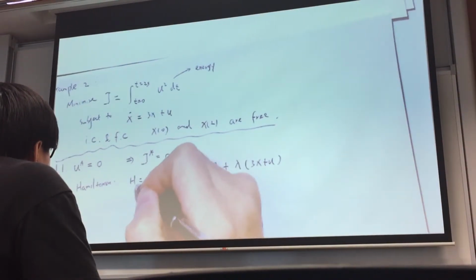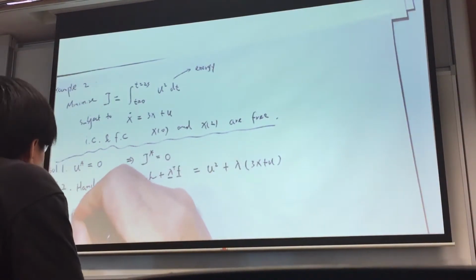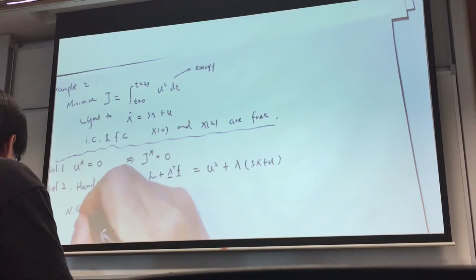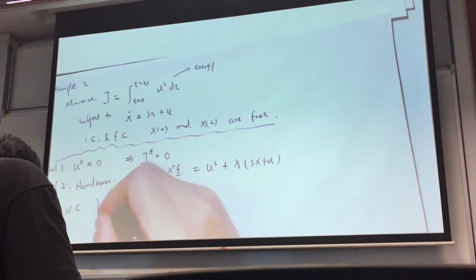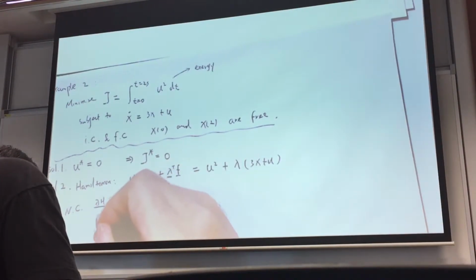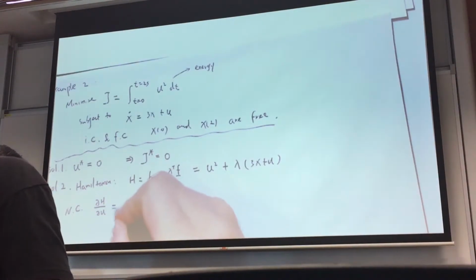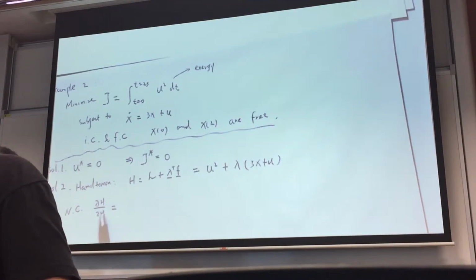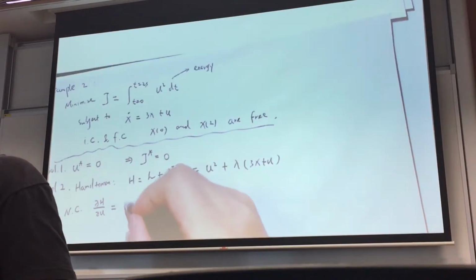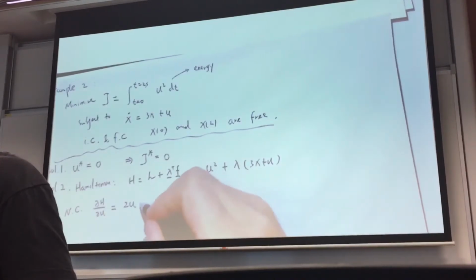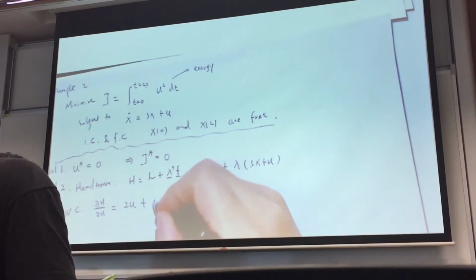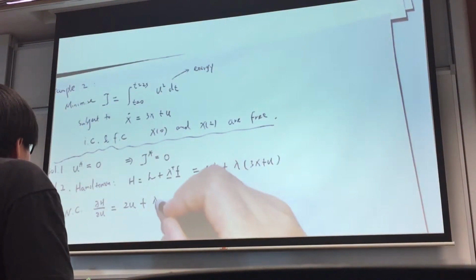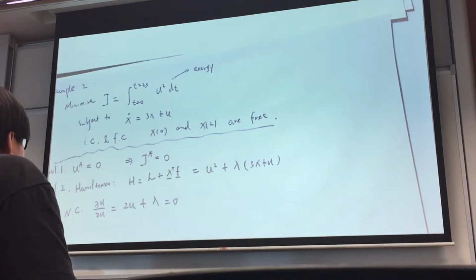Once we construct the H, we can use the necessary conditions, also the Euler-Lagrange equations. The first one is dH/du, which must be equal to 0. So dH/du equal to 2u plus lambda, equal to 0.